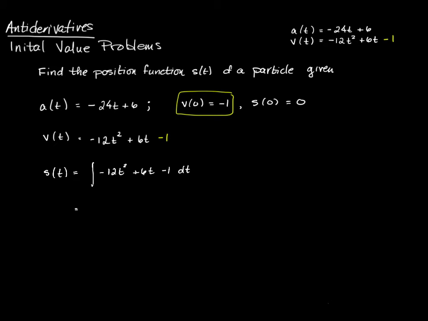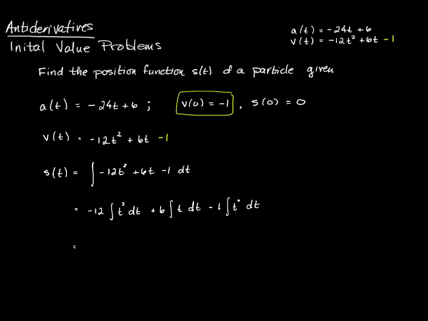Now, using the properties that I know about integrals, I can rewrite this as negative 12 times the integral of t squared dt plus 6 times the integral of t dt minus 1 times the integral of t to the 0 dt.